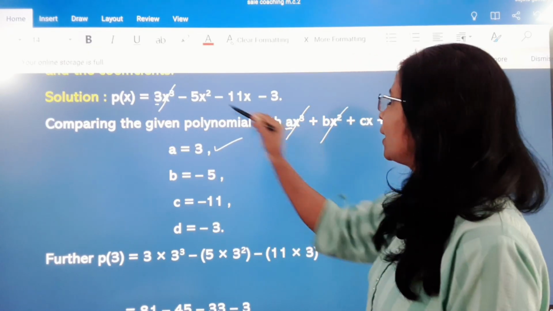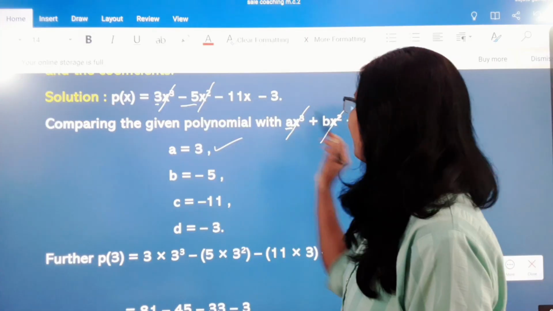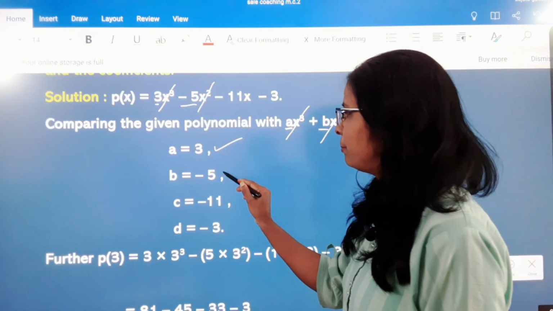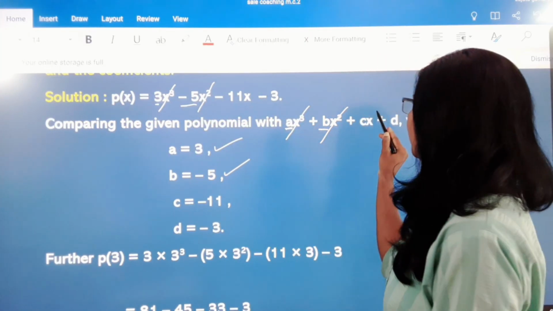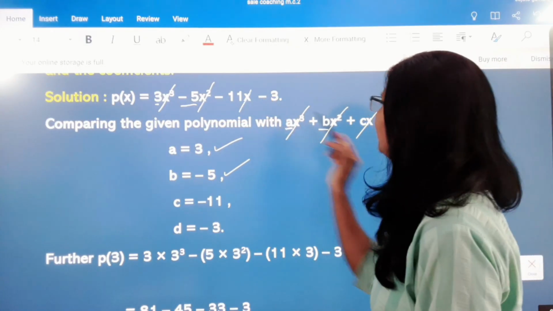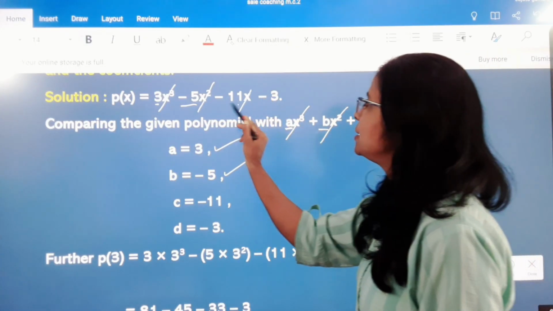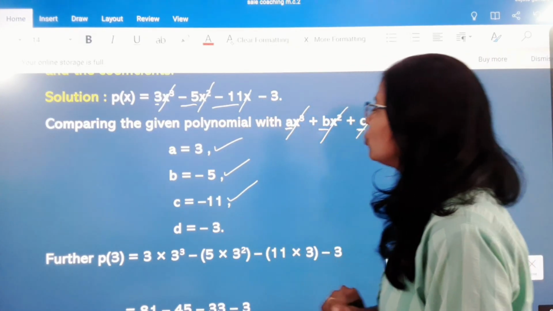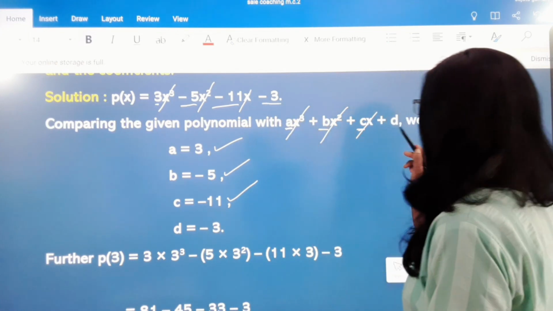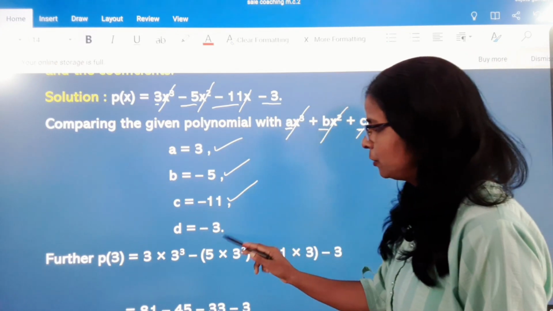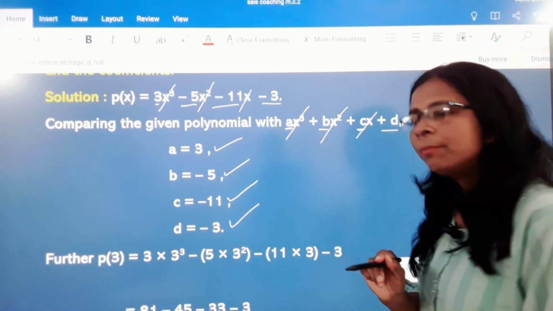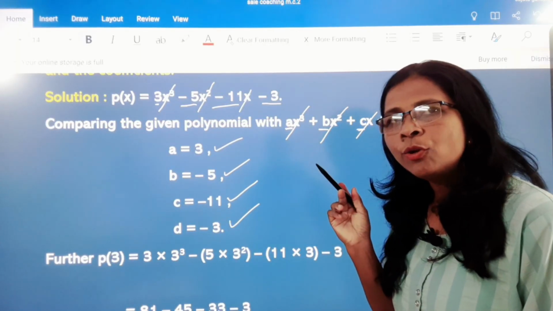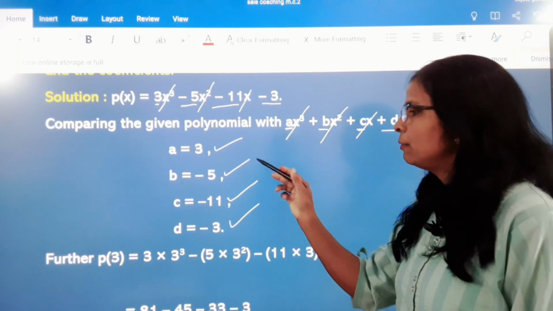Then x square cancels out, then the value of b is minus 5, and cancelling out the x, we get the value of c as minus 11. And d is minus 3. This way after comparing with the cubic polynomial, we get these values.